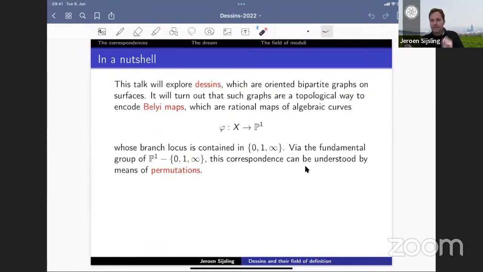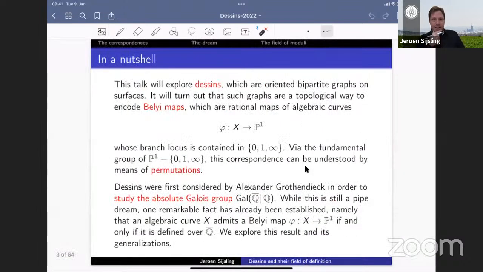This is one of the attractive aspects of this topic. You have three things. You have Dessins, which are a topological thing, which I will define first. And then you have permutations, which are combinatorial. And you have Belyi maps. And these all play a role. You can make these translations between these three different things.